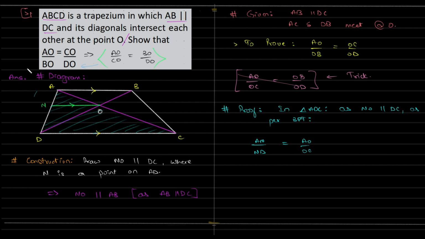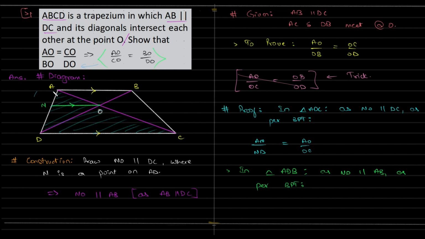Now look at the next ratio which we want. So we're looking at BO and OD. Which triangle are we talking about? In triangle ADB, as NO is parallel to AB, as per BPT, what is the ratio which you're looking at?